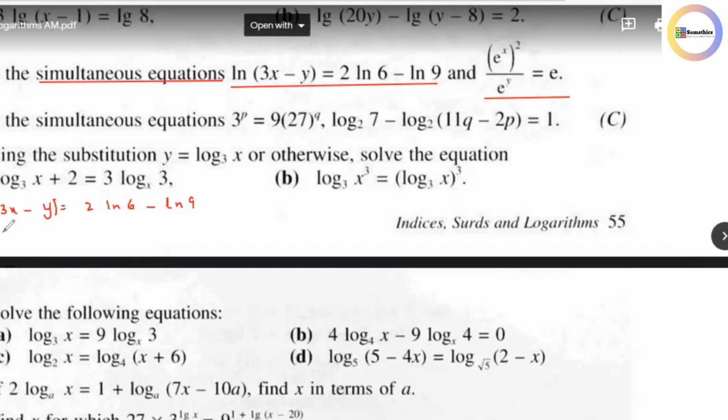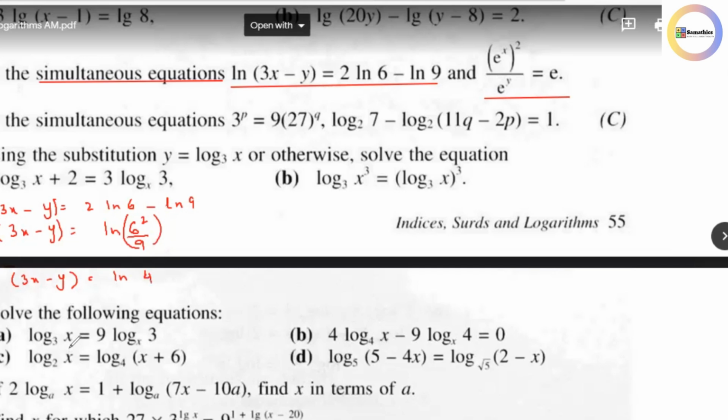So how can we write this as a single logarithm? This side is already a single logarithm, but this side is not. It is 6 squared upon 9, right? So then we have ln(3x minus y) is equal to ln of 6 squared, which is 36, divided by 9, which is 4.